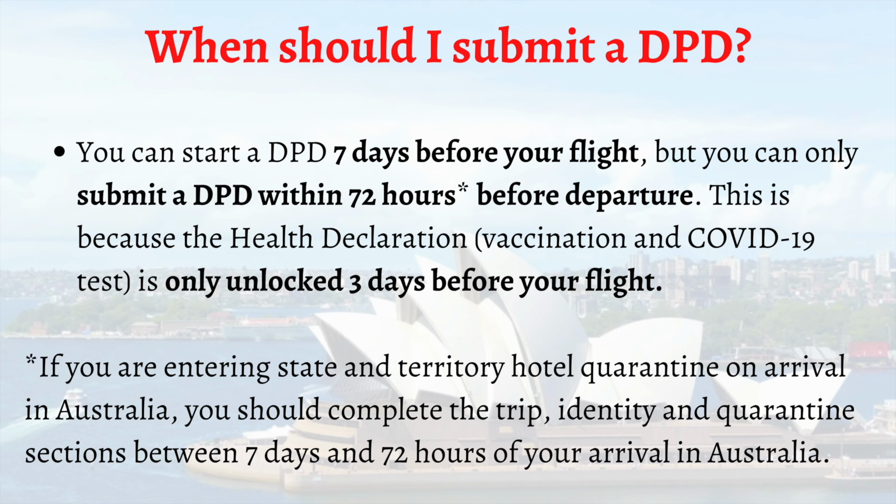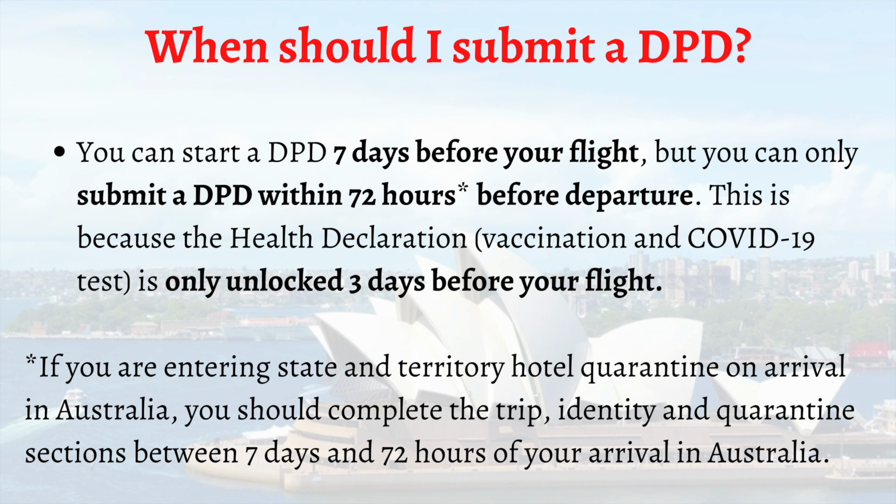When should I submit a DPD? You can start a DPD 7 days before your flight, but you can only submit a DPD within 72 hours before departure. So when you did the ATD, you could apply and submit that application within 7 days. However, with the DPD, you can fill it out 7 days before your flight, but you can't actually submit it until 72 hours before you depart.